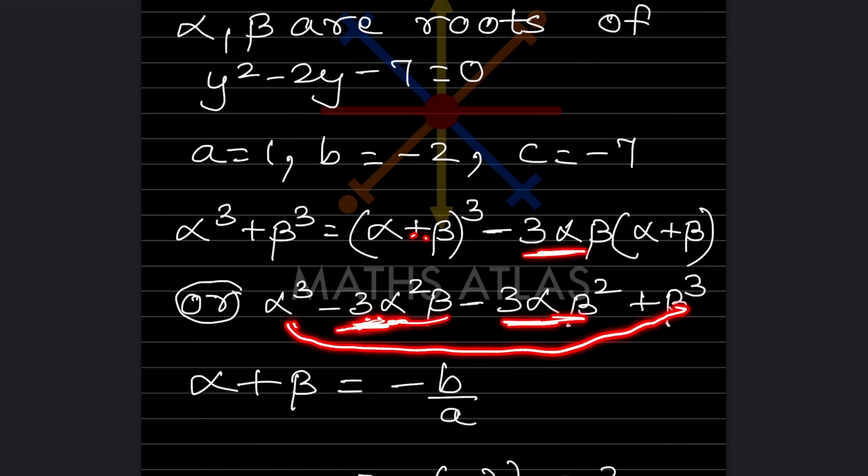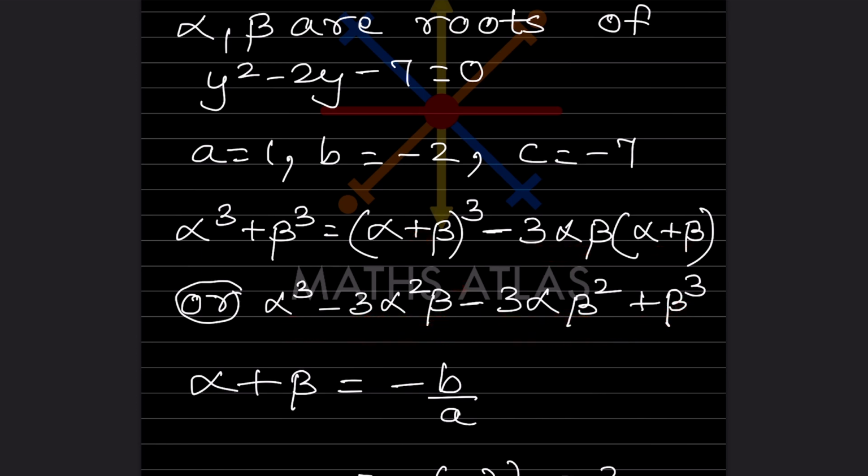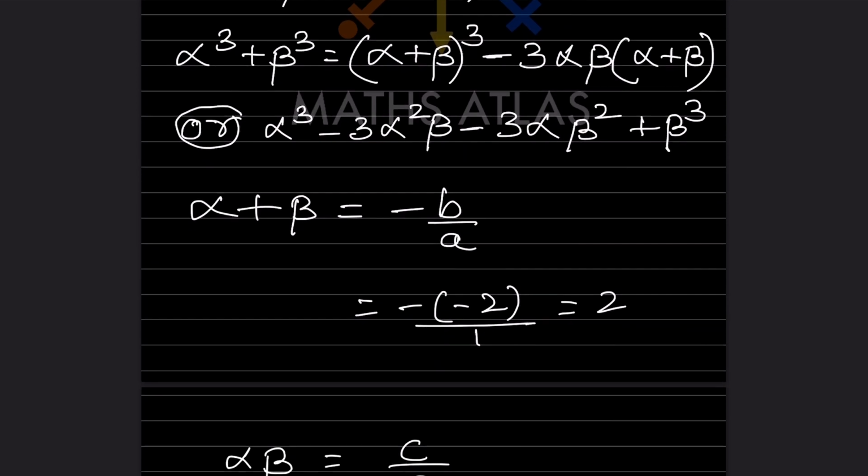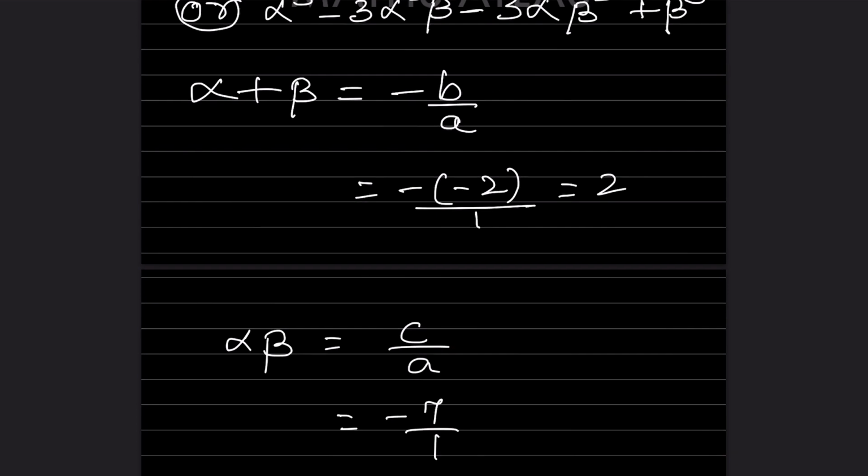So this is minus 3, so what remains in the bracket is alpha plus beta cube. So here now see here, alpha cube plus beta cube. Now what will you write here, alpha plus beta is equal to minus b by a. So now you are going to put in the value of minus b, you will get 2, and alpha beta is c by a, that is minus 7 by 1, that is minus 7.